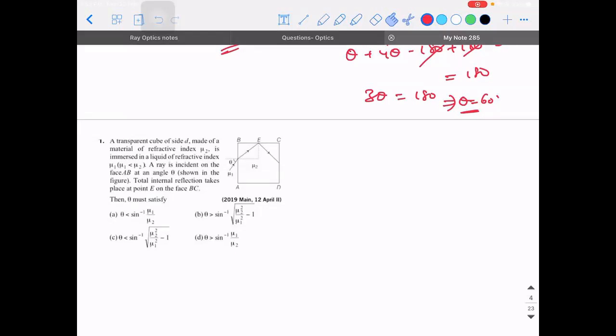A ray is incident on the face AB at an angle theta shown in the figure. The total internal reflection takes place at point E on the face BC.